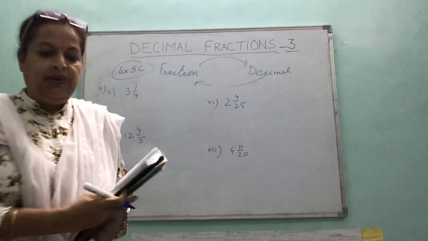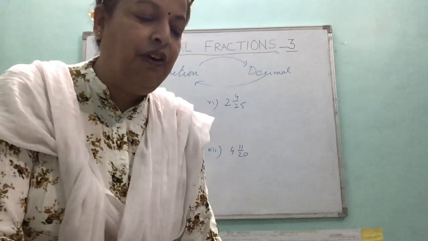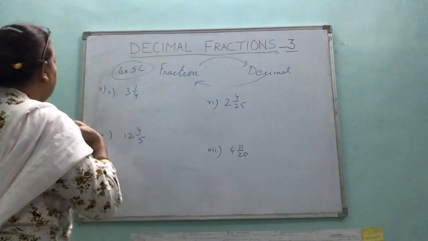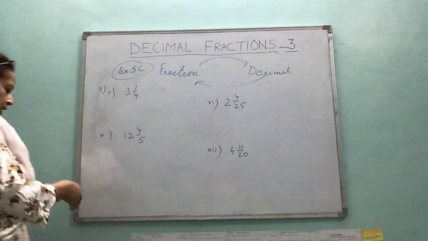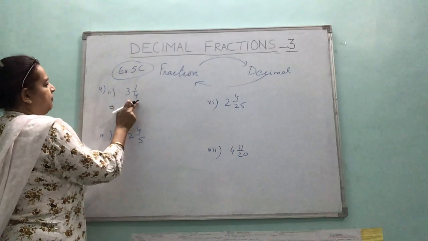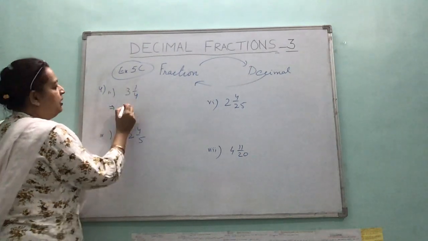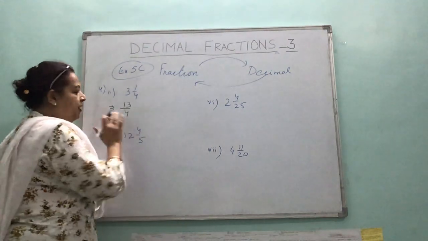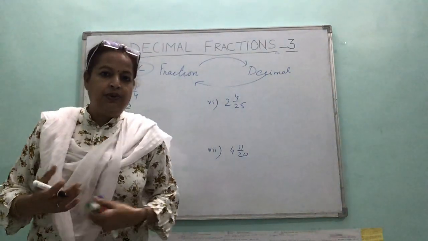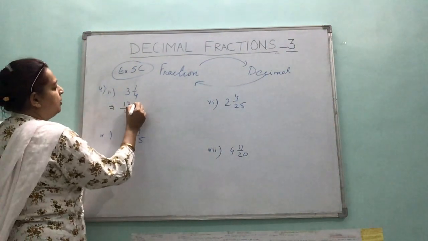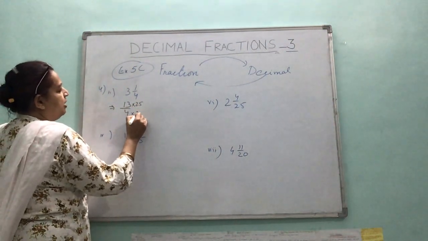Again refer to the table which I have given to you of how to convert to decimal fraction. Okay, now children. So first I will convert to improper fraction. 4, 3 times 12 plus 1, 13 by 4. Right? Now 4 can be easily converted to denominator 100 by multiplying both numerator and denominator by 25.